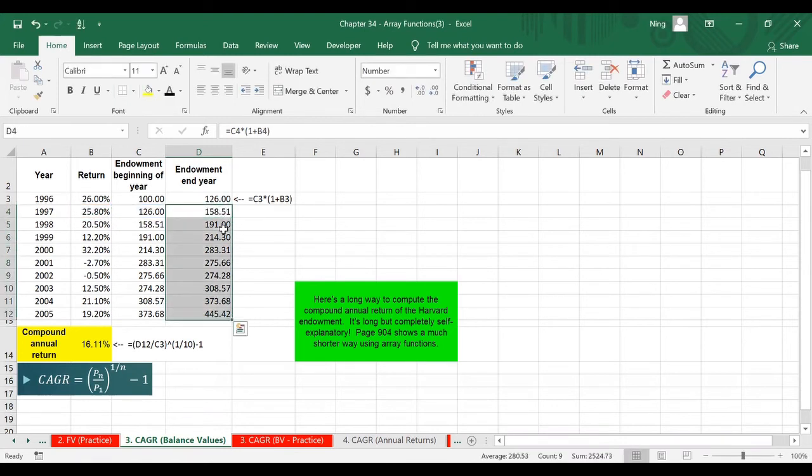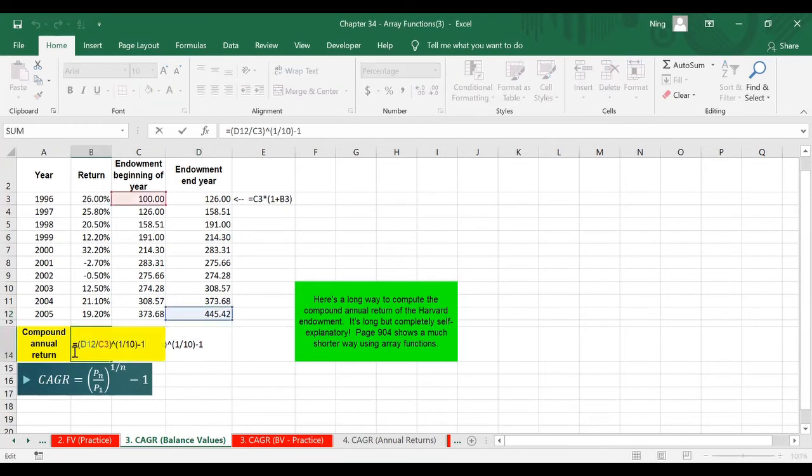You can copy down this formula, and then you can extrapolate the ending balance, and together with the beginning balance, you can use this formula for CAGR to compute the compound annual return. You see here, this 16.1% is obtained by using the end of the period balance divided by the beginning of the period balance to the power of 1 divided by 10, because this is a period of 10 years.